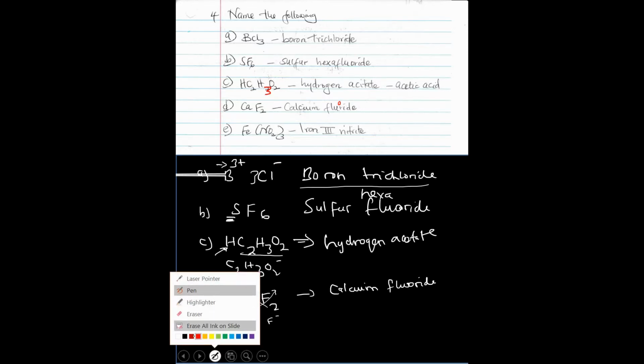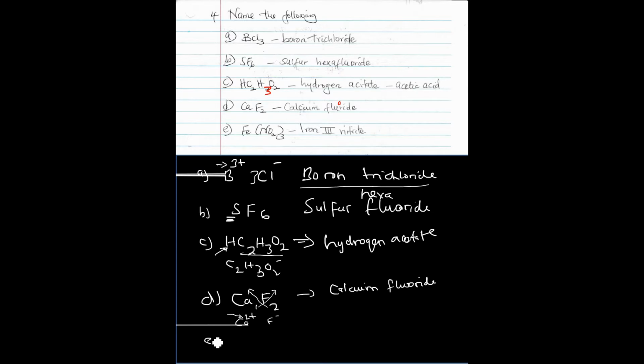Next, E, you have iron combined with a polyatomic anion, which is NO2. Notice that these 3 should go back to the iron, and the one that's here will go up on the polyatomic anion. So you get Fe3+ and you get NO2 minus 1. We don't say minus 1, we just say minus.